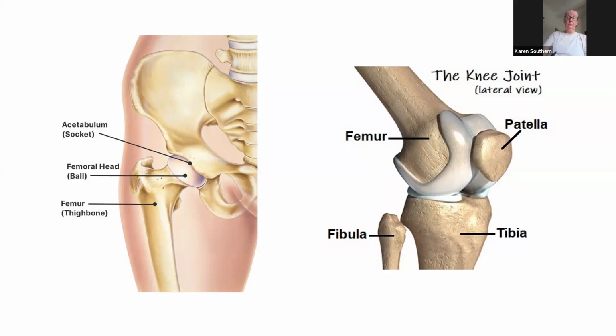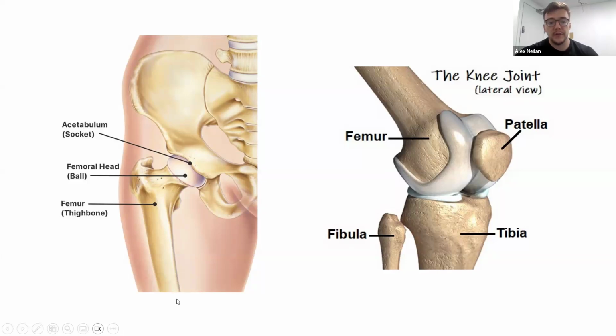Okay, so the hip joint is a joint between which bones? Femur and pelvis. Exactly, femur and pelvis. Perfect. So this is your femur. This bit's called the neck of femur here. It's a really common place to get fractures, unfortunately, especially in the elderly. You can get a neck of femur fracture.